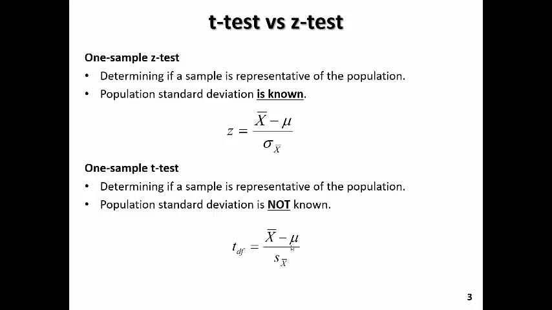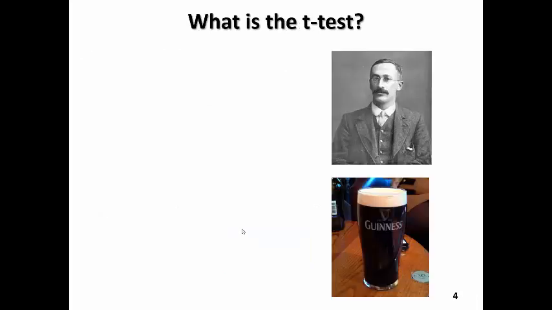We subtract the population average from that, and we'll speak to this in the next video, divided by the standard error of the mean for the sample. We have to calculate it for the sample because we don't know the population standard deviation. So this is the fundamental equation used for the one sample t-test.